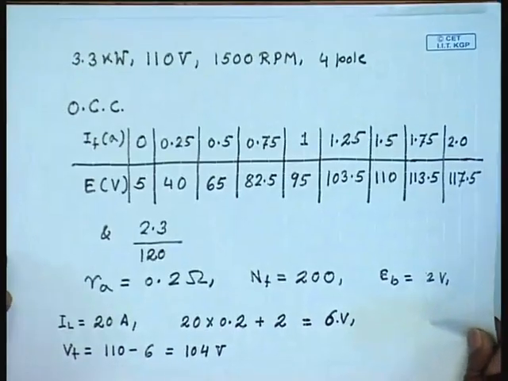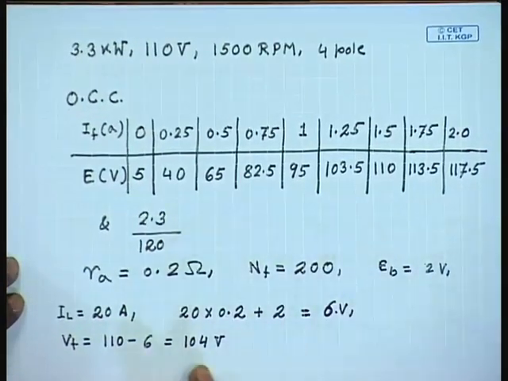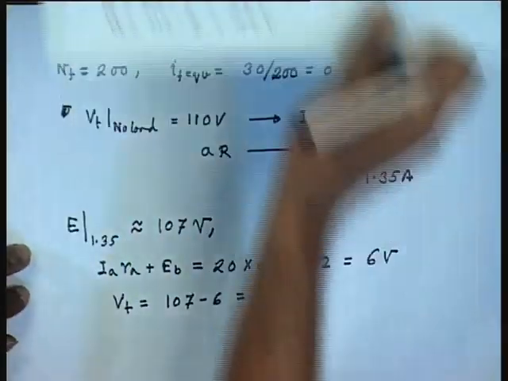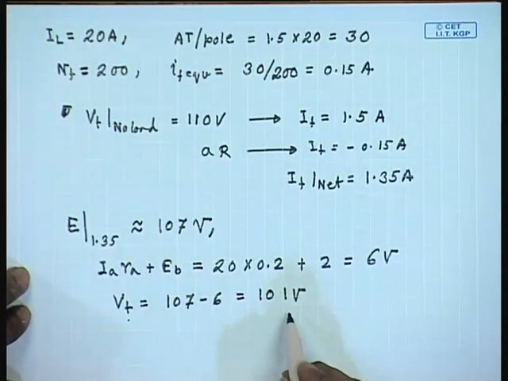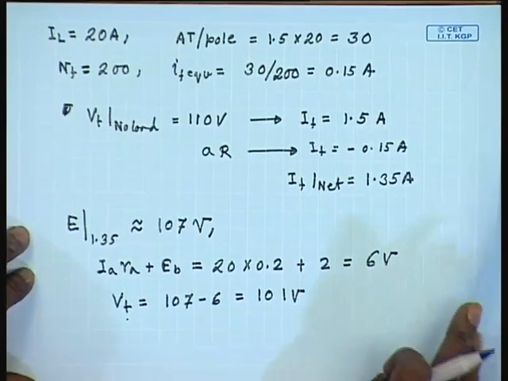Therefore, without considering armature reaction, we are getting a terminal voltage of 104, but when armature reaction is included, the terminal voltage for the same load current drops to 101 volt. This is the effect of armature reaction.